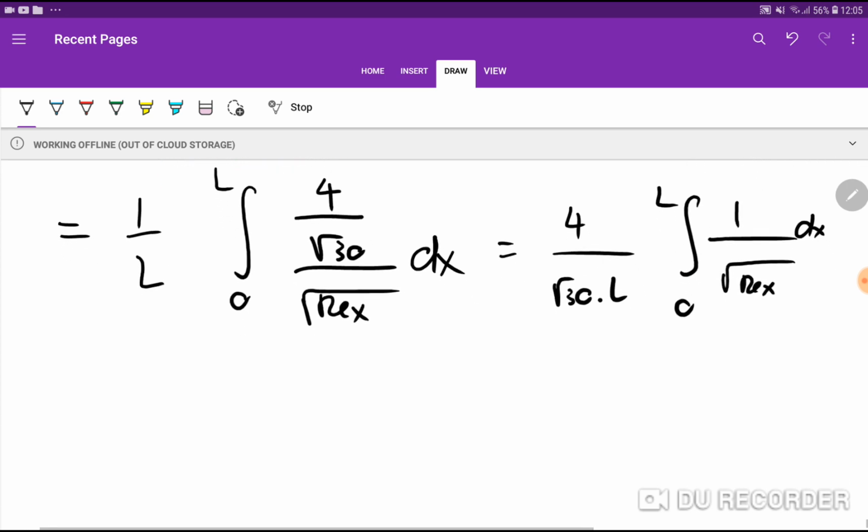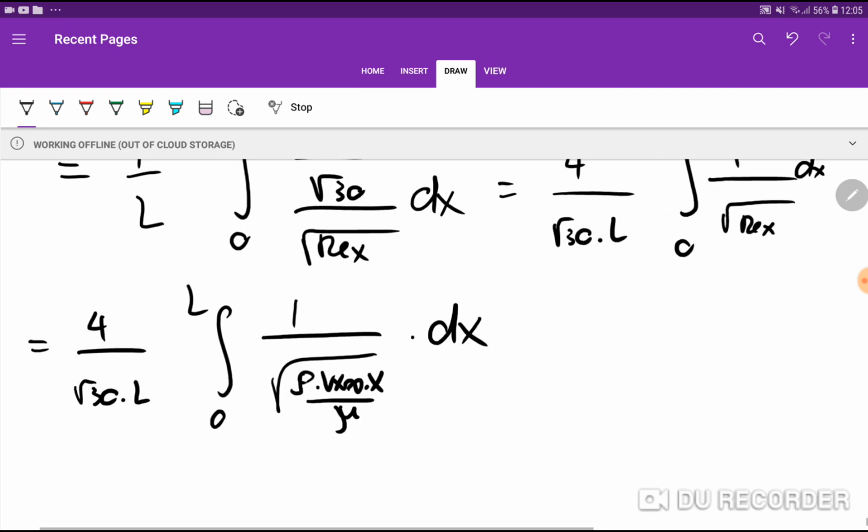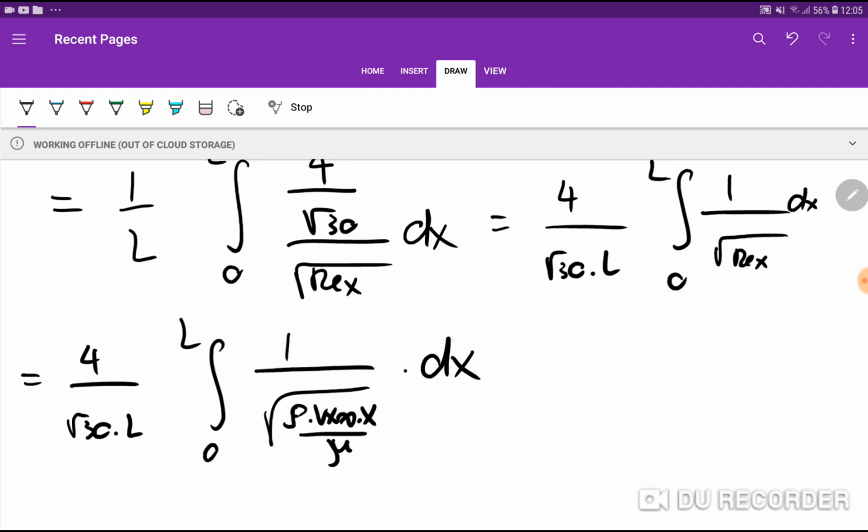What is Rex? Rex is actually rho times Vx infinity times x over mu, right? dx, from 0 to L. Okay, so you see square root of rho Vx infinity, mu is a constant.